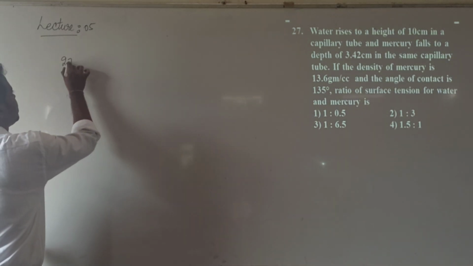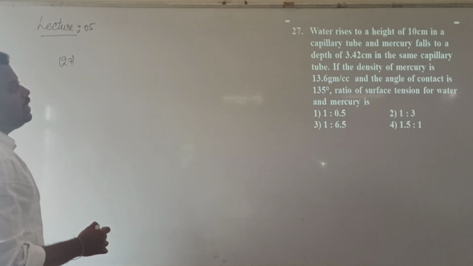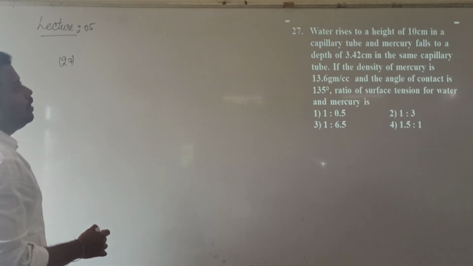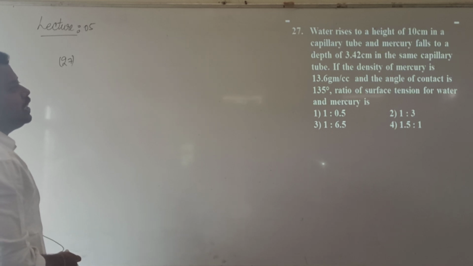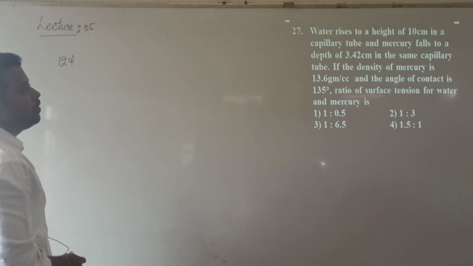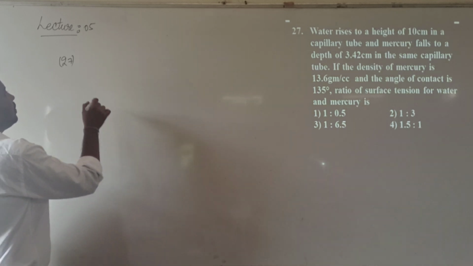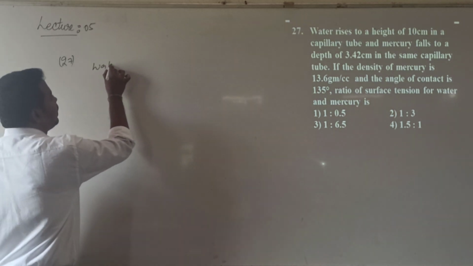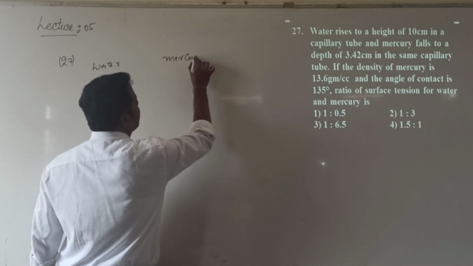What they have given in the question is, water rises to a height of 10 centimeters in a capillary tube, and mercury falls to 3.42 centimeters in the same capillary tube. If the density of mercury is 13.6 gram per centimeter cube and the angle of contact is there. The first time they conducted with water and the second time with mercury.